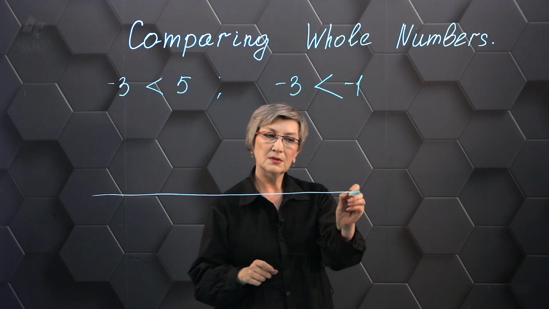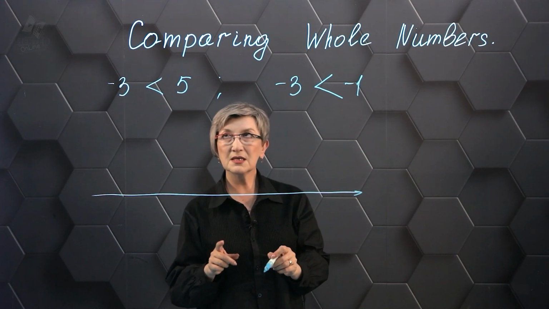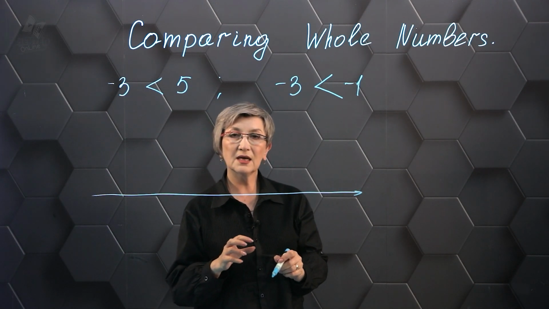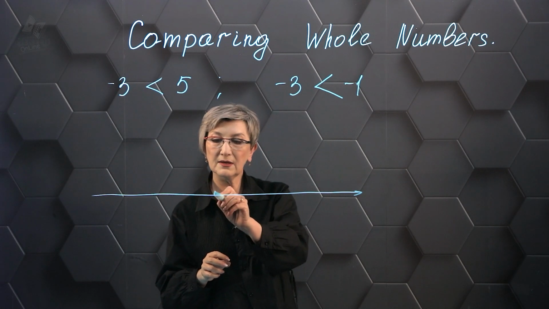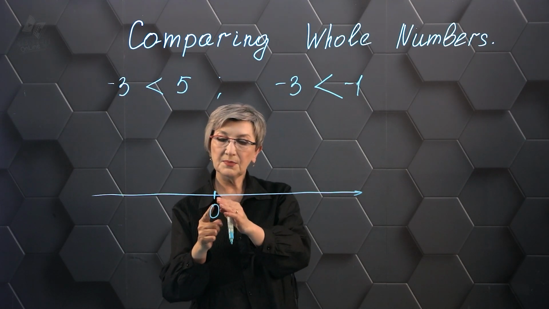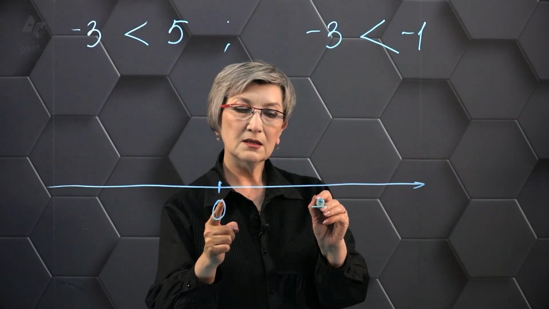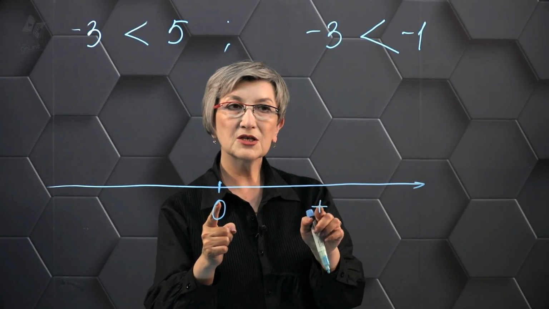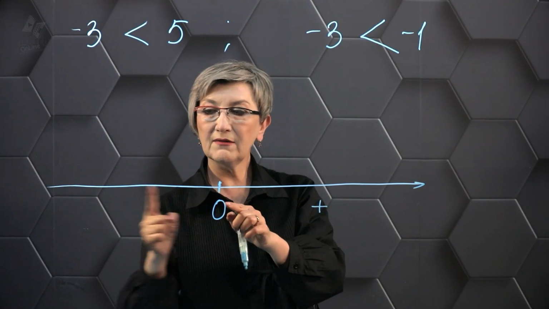We can show any positive or negative number on the line. To do this, I mark the point 0. To the right of 0, I can show positive numbers. To the left of 0, I can show negative numbers.